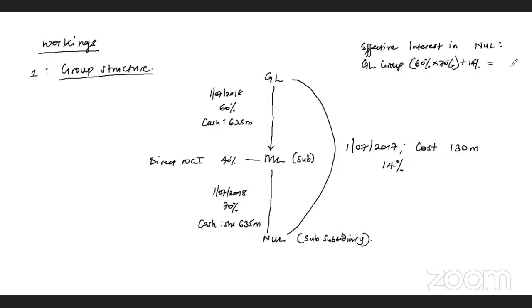When you do the computations, this gives you 56%. Meaning that your NCI is 44%, giving us 100%. So that is our group structure in this case.